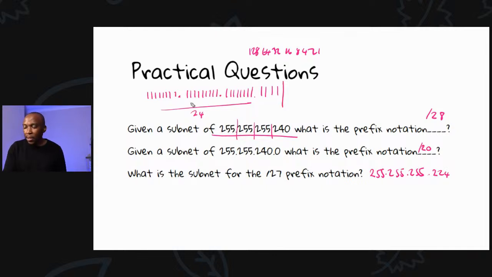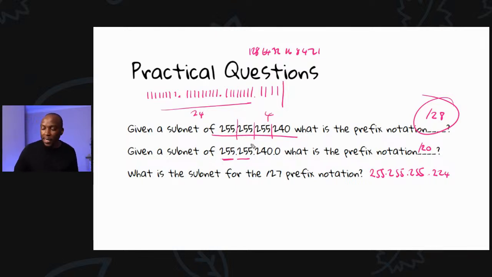I count the number of ones going to the left: I have 24 plus 4, 28. That's how I came up with this /28 notation. With this one, the first 8 bits, the second 8 bits make 16, and then in the third octet I'm using 4 bits to make 240. So that becomes 16 plus 4 to give us a /20.